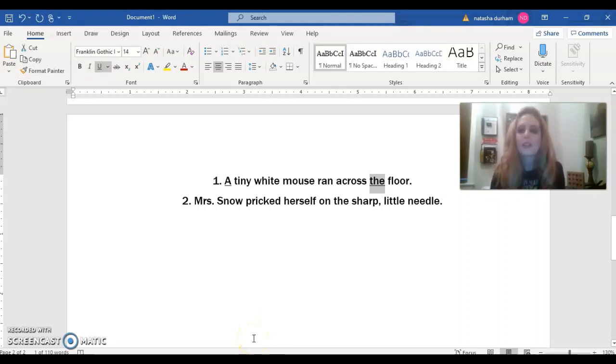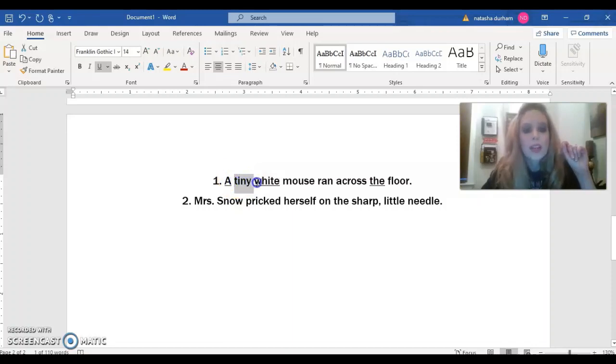Now let's see if we can find some adjectives here. Let's find a noun. Mouse. What kind of mouse? White. That's describing the mouse. But let's make sure that that's all. A tiny mouse. What kind of mouse?